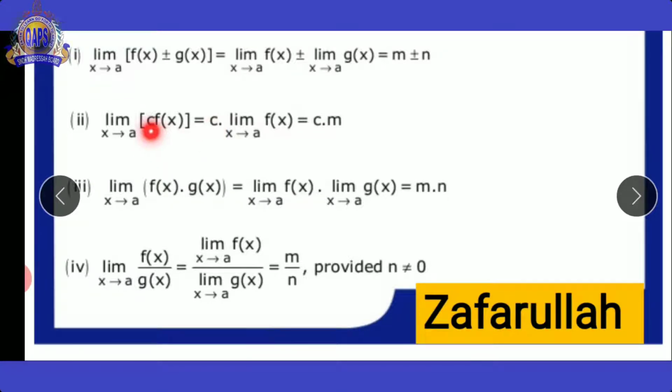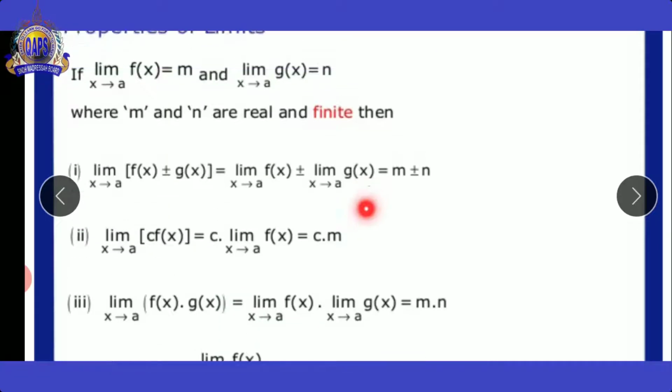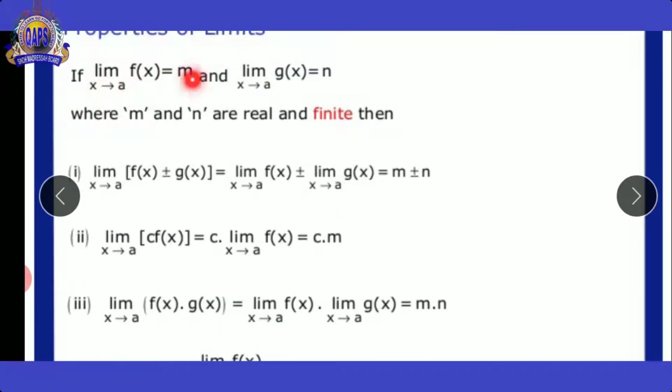This constant c becomes common, and we apply the limit on the function f of x. So this limit as x tends to a of f of x is equal to m. In the place of this whole limit we put m, and c will be in multiplication form.